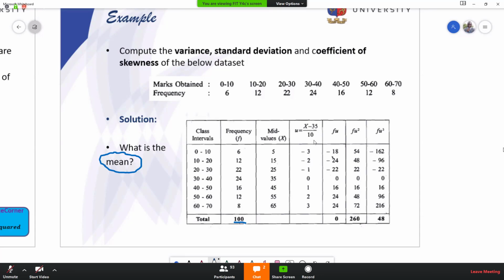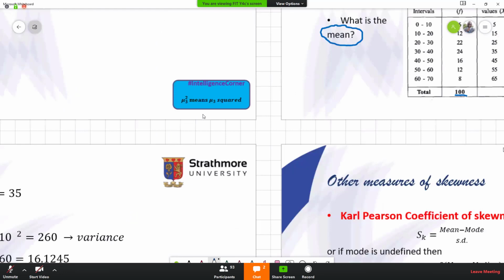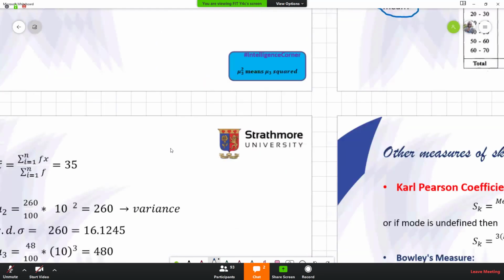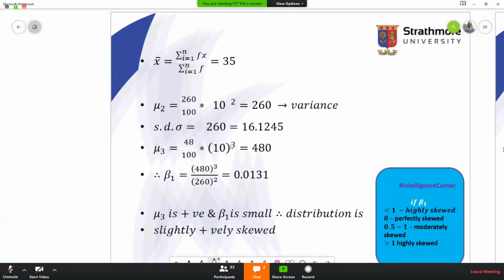And then later I will recover this 10 in my multiplications. But ideally, you can play around with this column. You can divide by 1,000, you can multiply by 60, provided that whatever you do here, you do the opposite when you're recovering this value. Because I divided here by 10, when I was finding the second moment, I'm multiplying by 10 squared, and in the third moment I'm multiplying by 10 cubed.